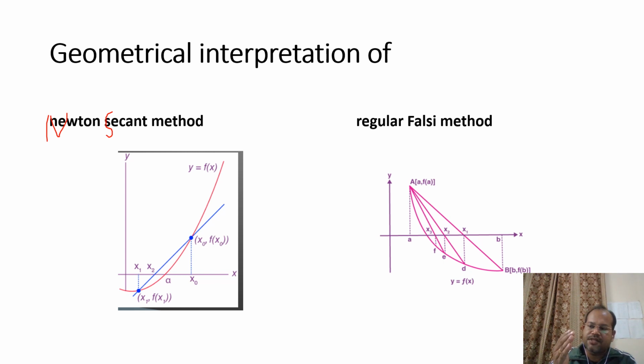It means instead of taking the intersection of the curve, we are taking the line joining 2 points on the given curve. In regula falsi, there is one difference: we consider 2 points at which the values of the function should be of opposite sign. This is the basic difference between Newton's second method and regula falsi.